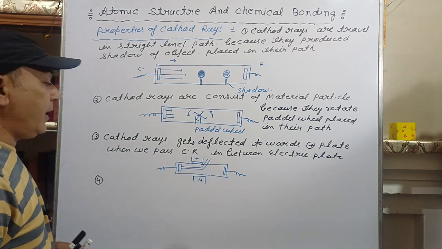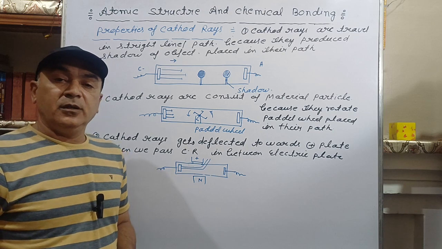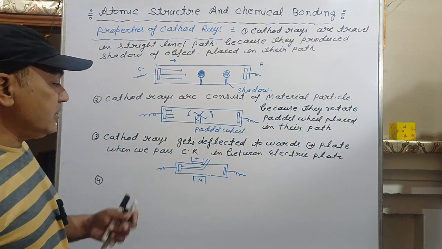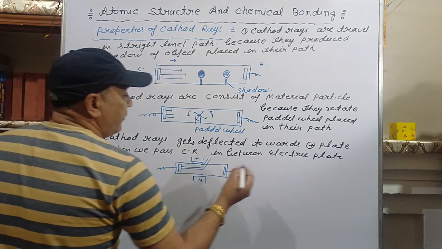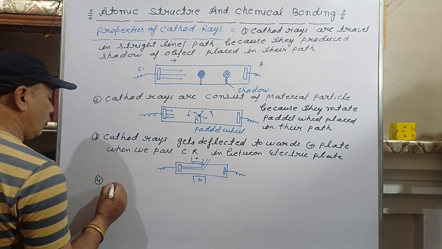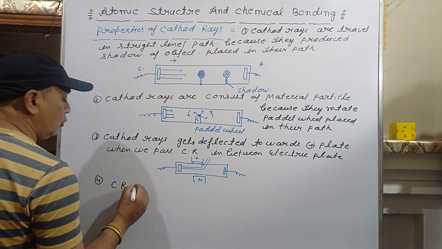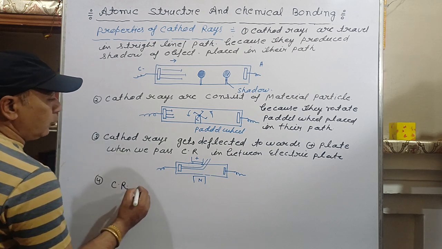Now the fourth property. What happens when we pass cathode rays through a magnetic field?